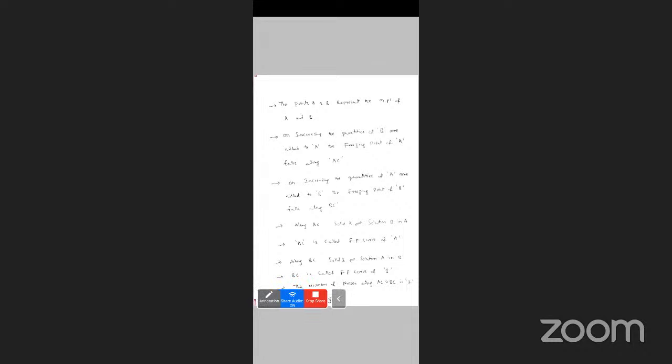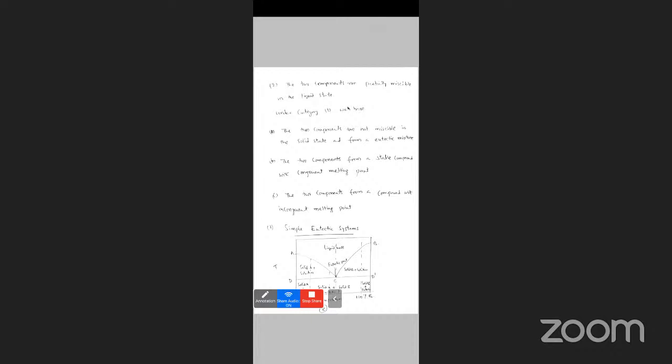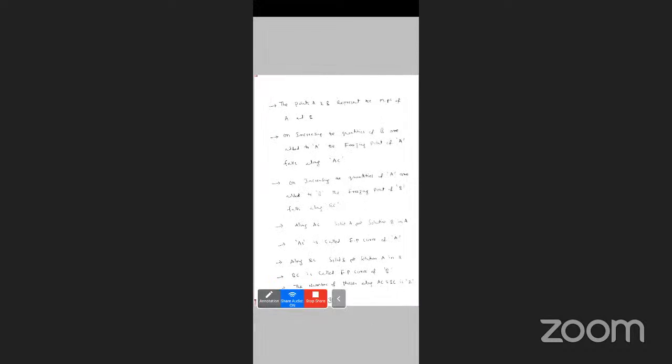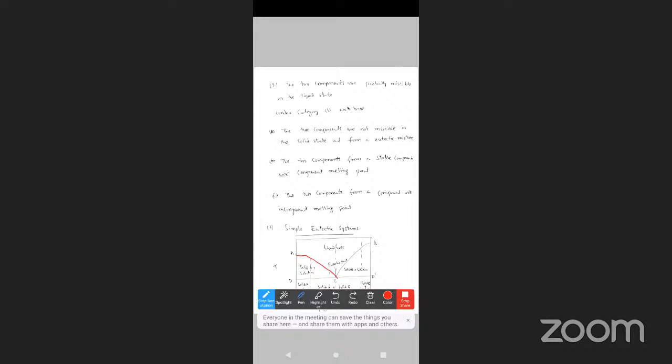So the points A, B represent the melting points of A and B. This is the melting point of A, and this is the melting point of B. And on increasing the quantities of B, that is, when B is added to A, the freezing point of A falls along AC. When we keep adding B, the melting point gradually decreases along the curve AC.